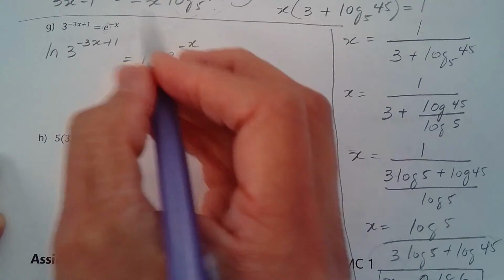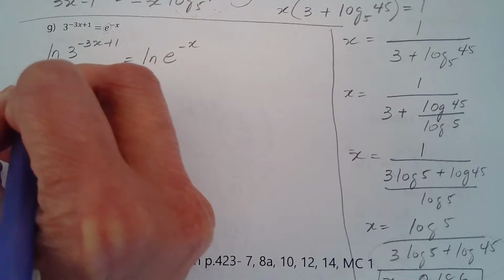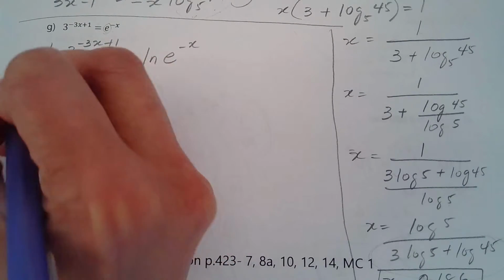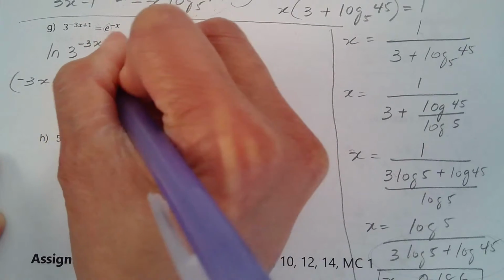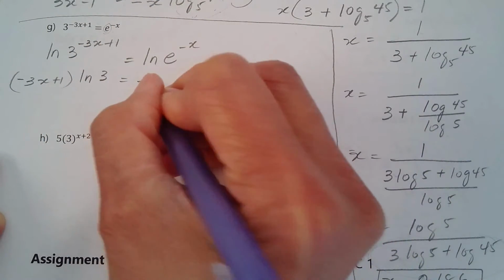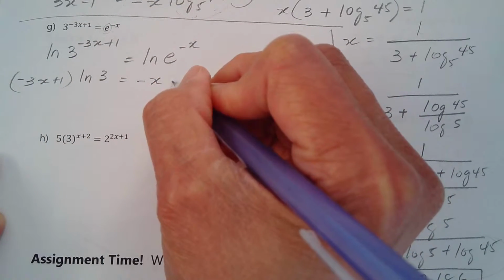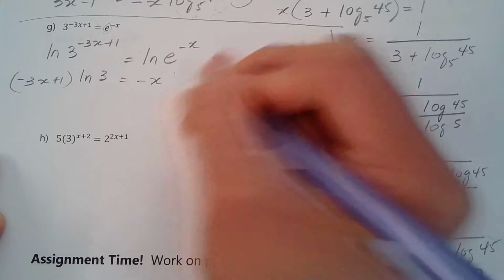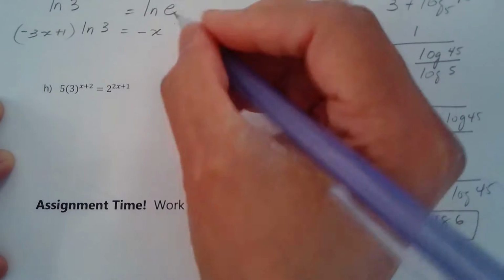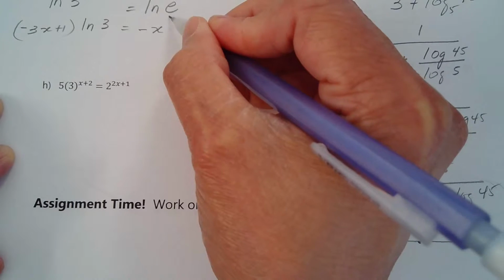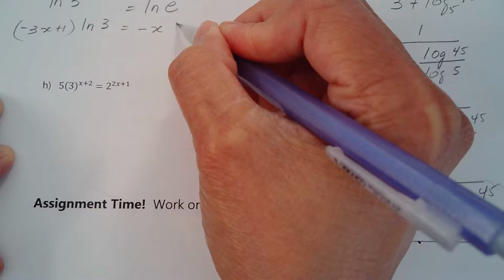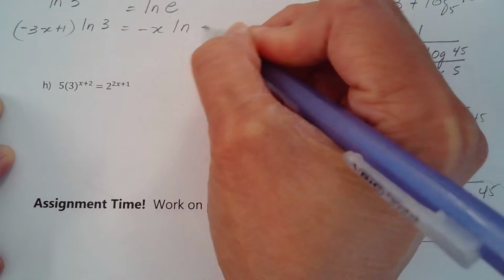Okay, put this at the front, so negative 3x plus 1 times natural log of 3 equals negative x, times natural log of e.